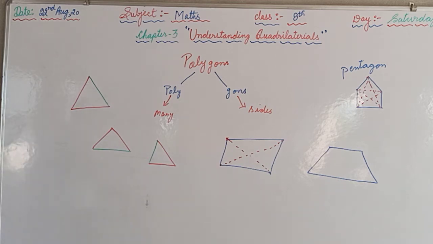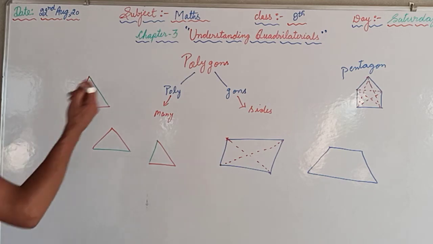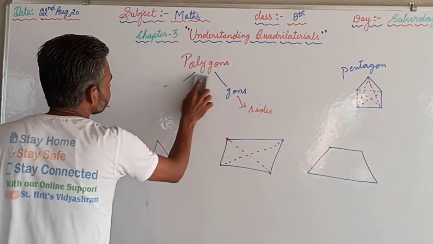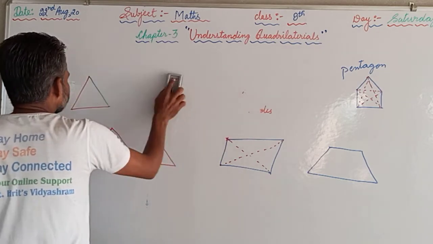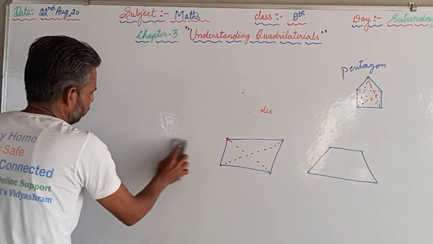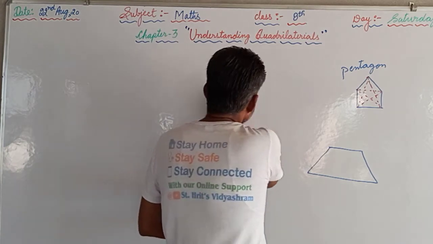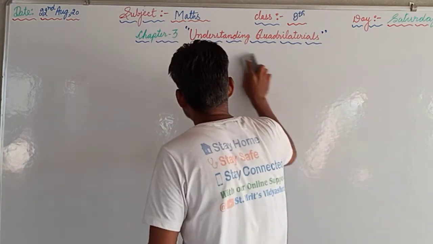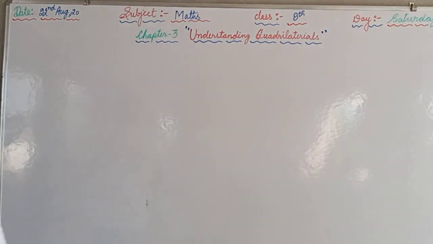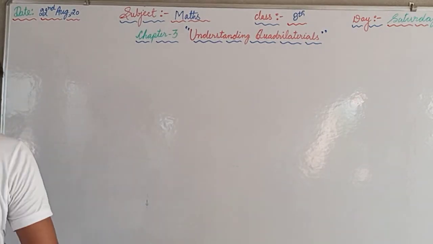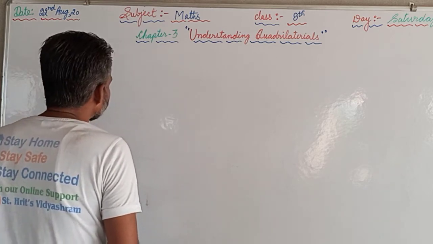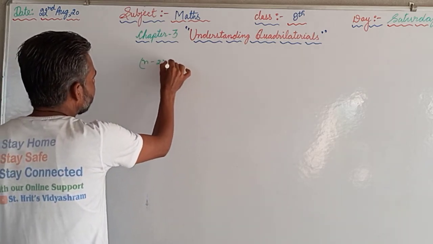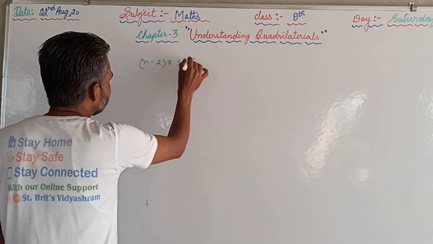For the angle sum property we have one formula, that is (n minus 2) into 180 degrees.